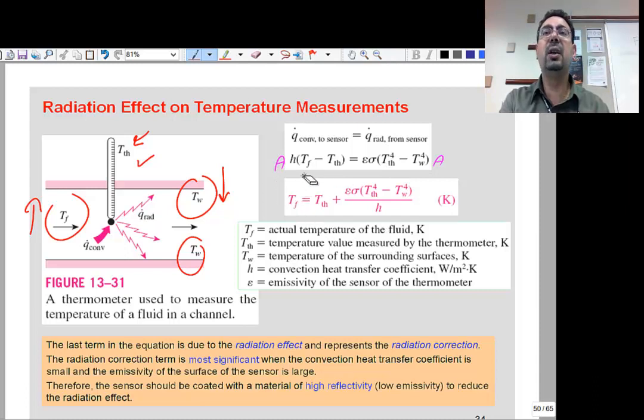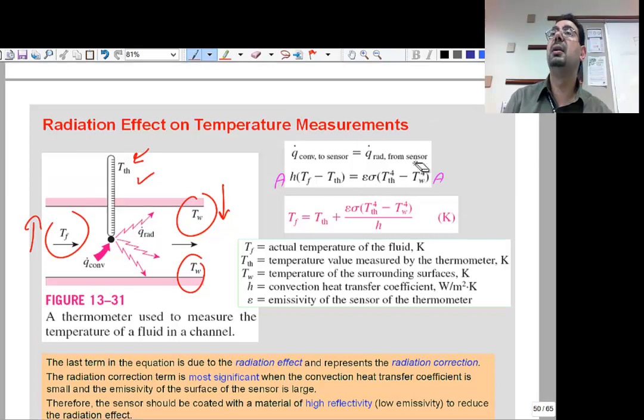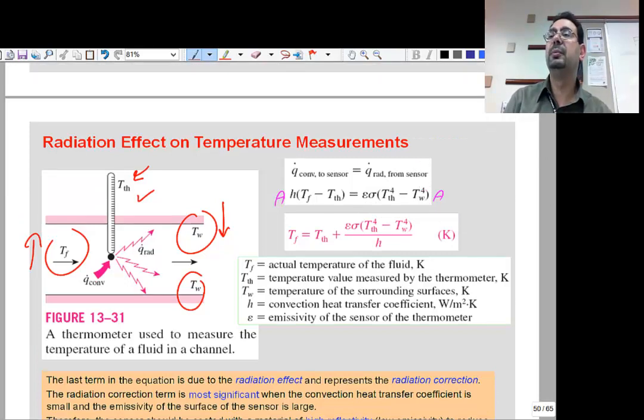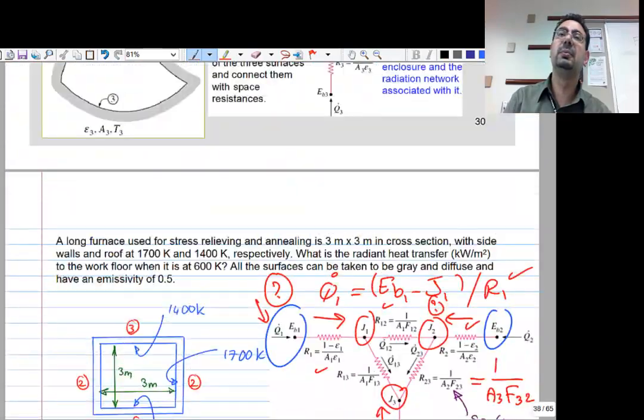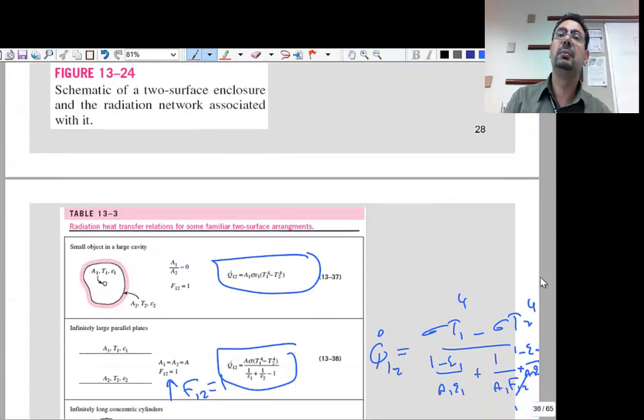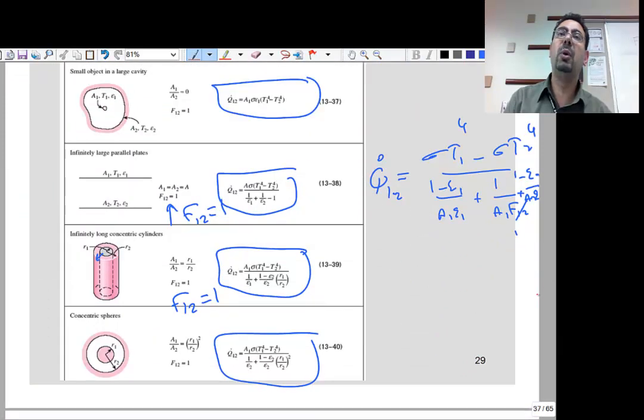Right? So here is the convection, as always, A h delta T, and here is the radiation. And look at this radiation, epsilon sigma T minus T. Let's look at our table. Which formula was that? The first one, right?